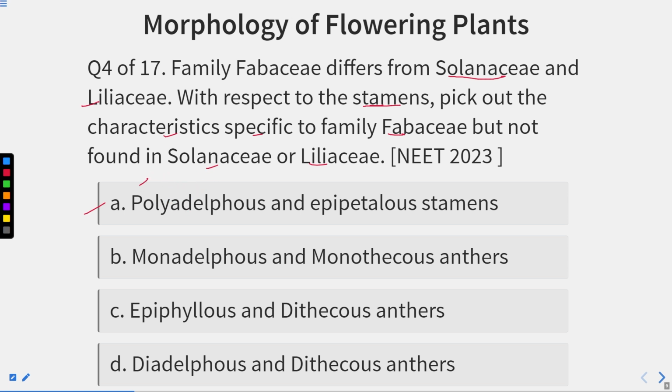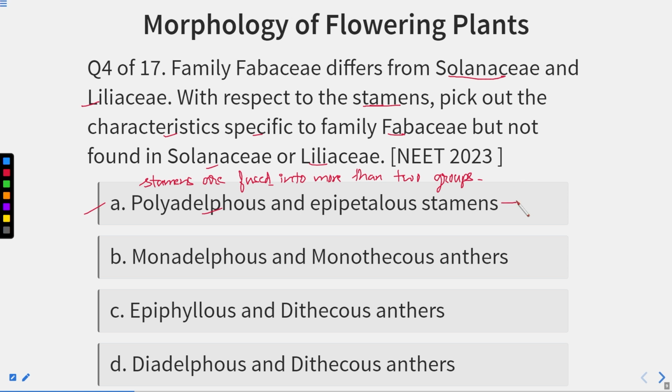Where the stamens are fused into more than two groups. This is known as polyadelphous.